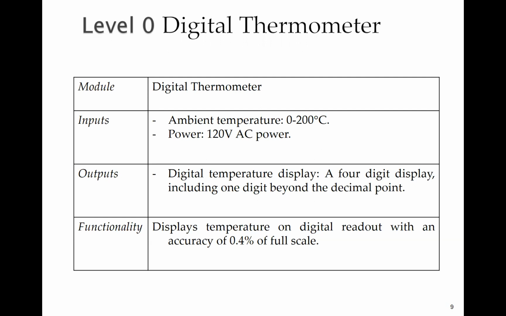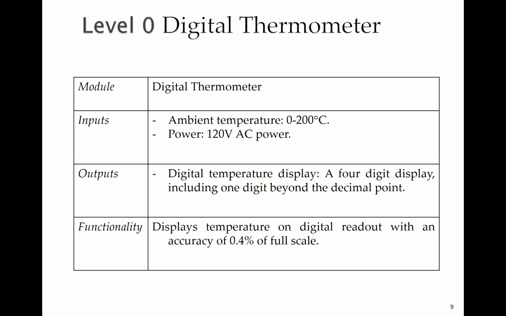Inputs are ambient temperature and power with the range given here. The output should be digital temperature display, 4-digit display, including 1 digit beyond the decimal point. And its function is simply displaying temperature on digital readout with an accuracy of 0.4% of full scale.